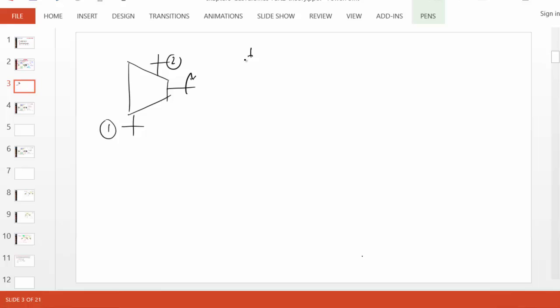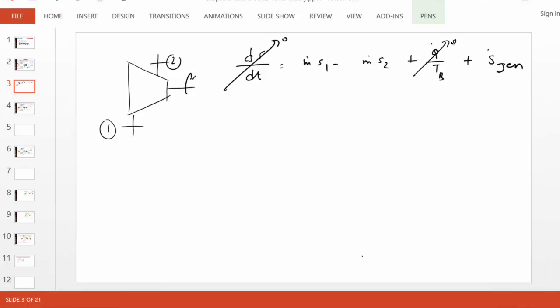So if we apply the entropy equation to the compressor, steady state, no heat transfer, even for an actual cycle these are true, and for an ideal cycle there is no friction.